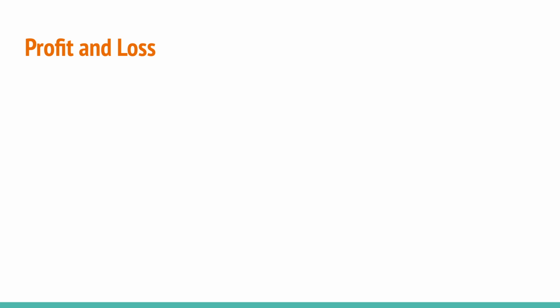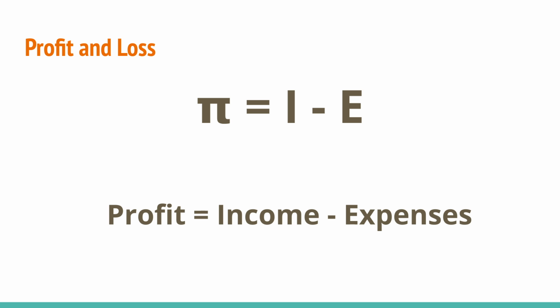So there's another equation which is also pretty important, which is pi equals I minus E. So profit is equal to income less expenses. So that might sound familiar to you.